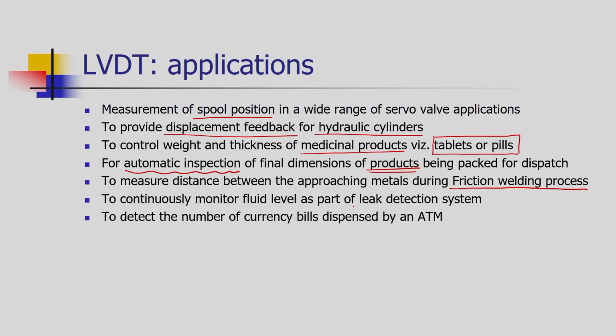Then in leak detection systems as well, LVDT sensors are used, where we are continuously monitoring the fluid level. The number of currency bills dispensed at automated teller machines is also sensed by using LVDT sensors.